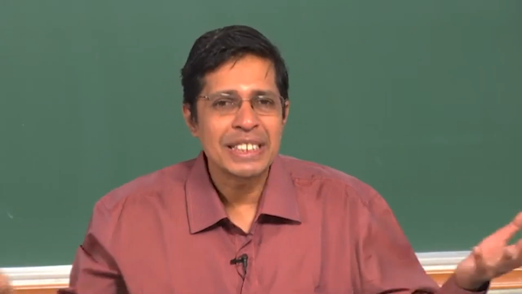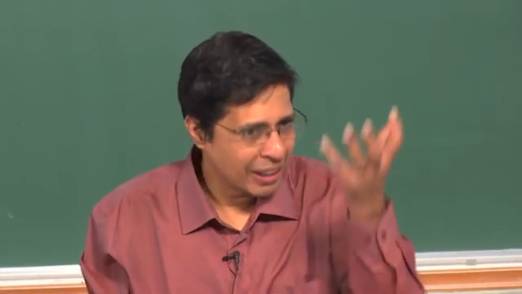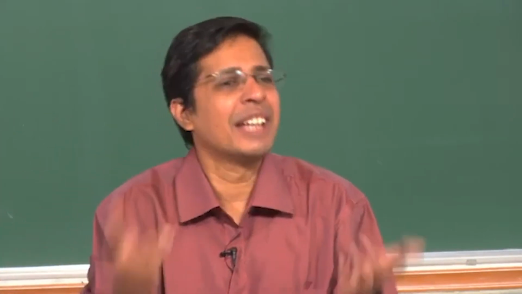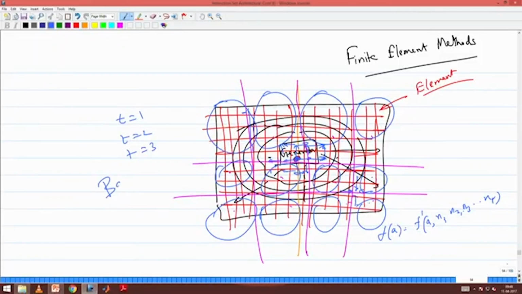So every processor is working independently, but when I finish that part, I have to wait for all of you to finish and then I can go to the next part. This is basically called a barrier. So I put a barrier at the end of every iteration. When everybody hits that barrier, then everybody will start.